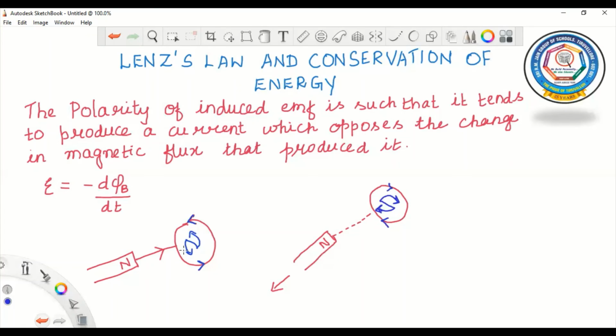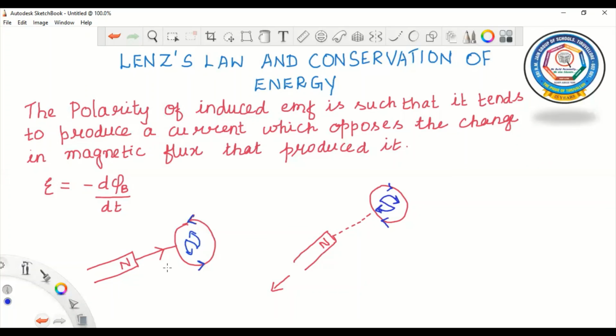Instead, if it is a south pole, the bar magnet will be attracted towards the coil at an ever-increasing acceleration. A gentle push on the magnet will initiate the process, and its velocity and hence kinetic energy will continuously increase without expending any energy. But this violates the law of conservation of energy, and hence it cannot happen.